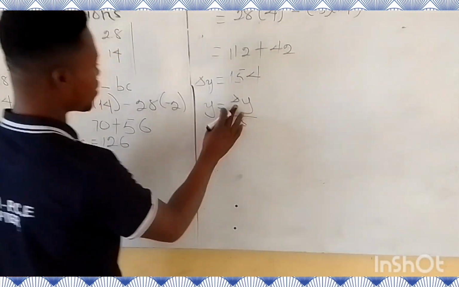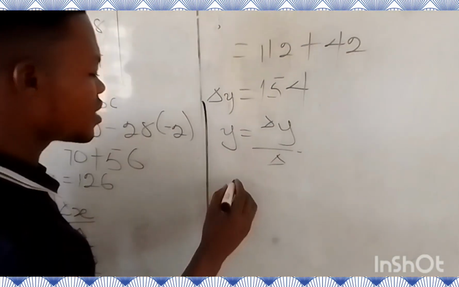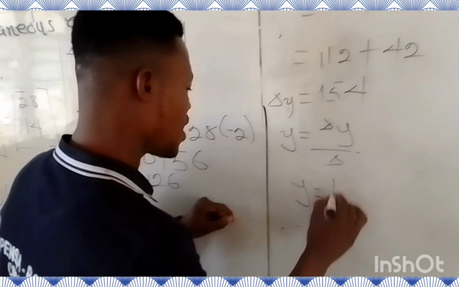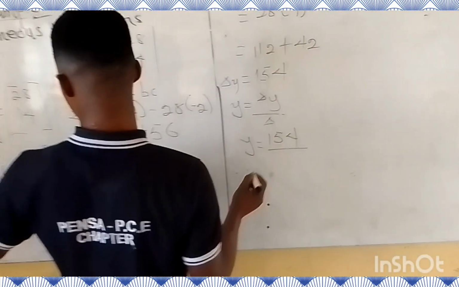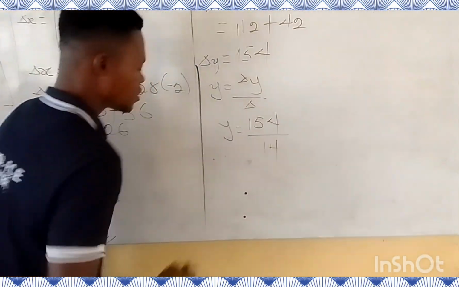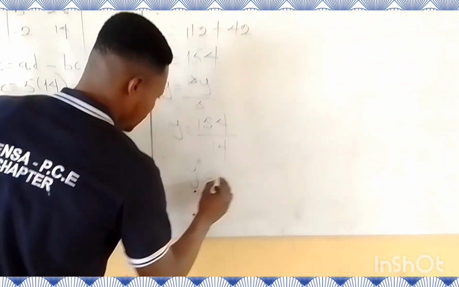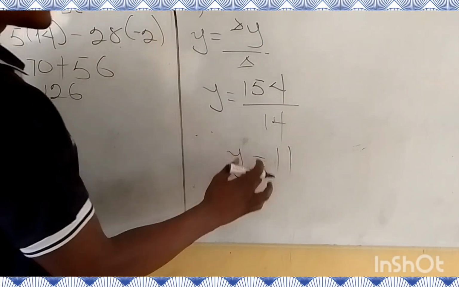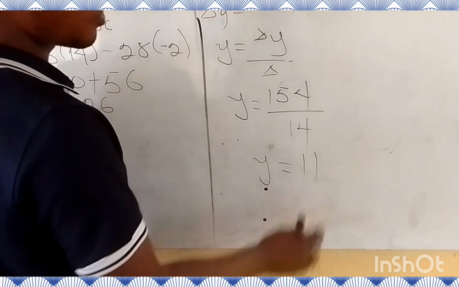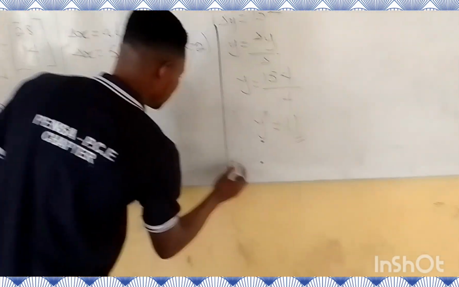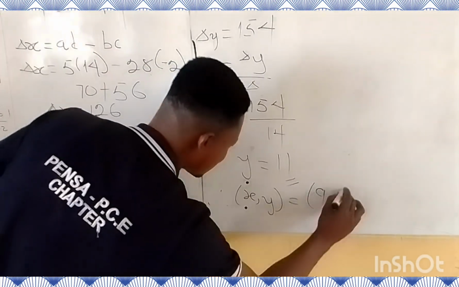So y is equal to 154 over 14. 154 divided by 14 gives 11. Therefore, x and y are equal to 9 and 11.